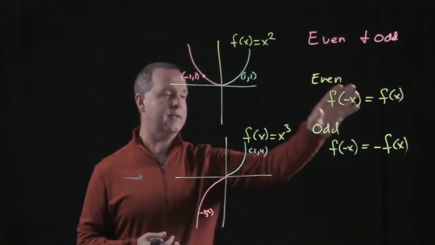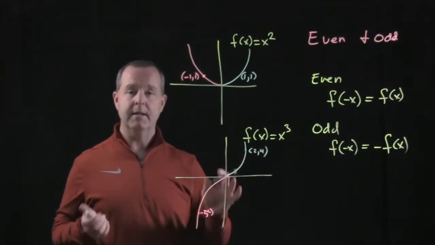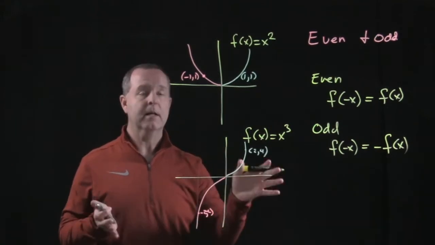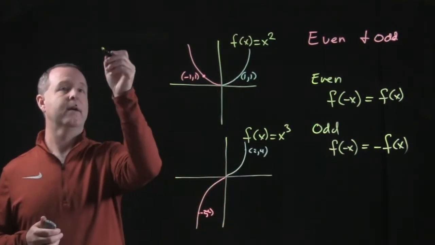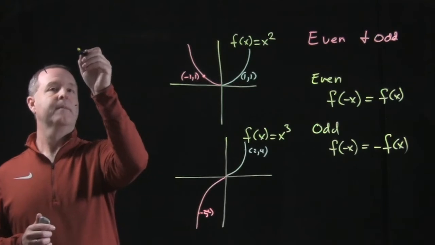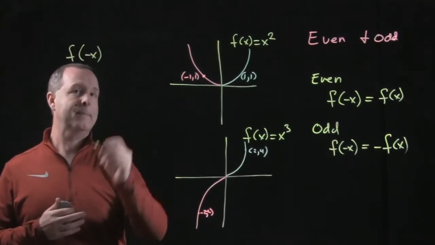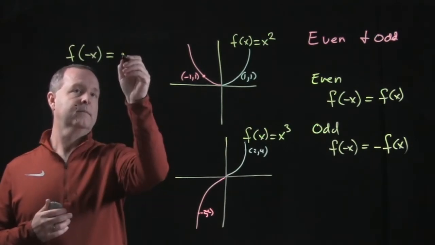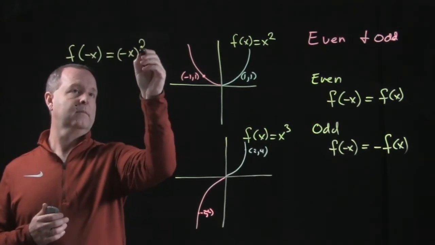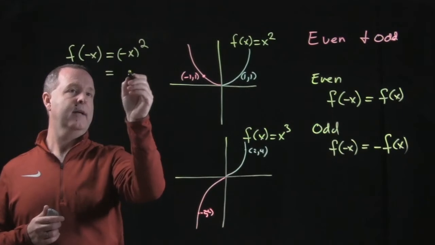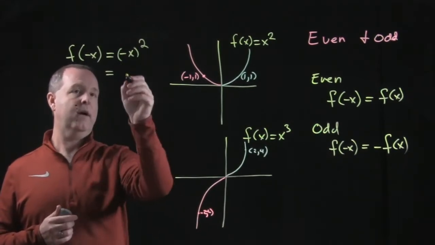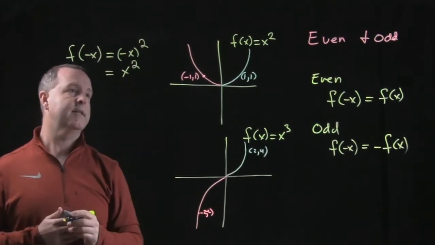All right, so that's a graphical representation of what those graphs look like. Well, how can I use this definition you gave me earlier to determine that? Well, let's look at this first function, x squared. So I'm going to evaluate that function with a negative x. Work that down, and I get negative x squared is x squared.